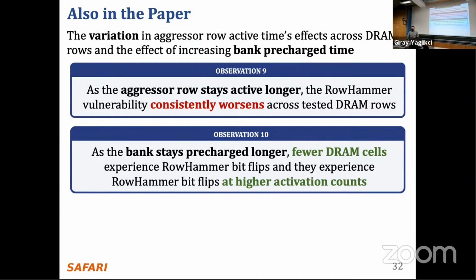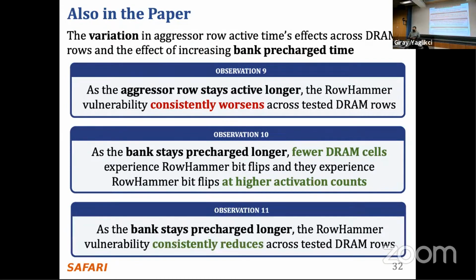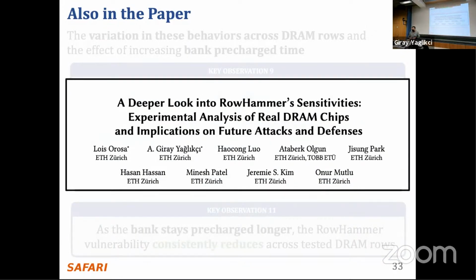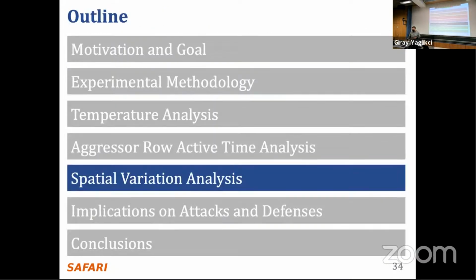It's not very surprising, I think, because essentially what we do is increase the activation interval of these aggressor rows, so they are less frequently activated in some sense. And when we look at this behavior across individual rows, we also see that it consistently reduces.